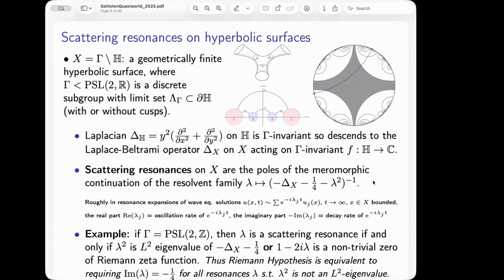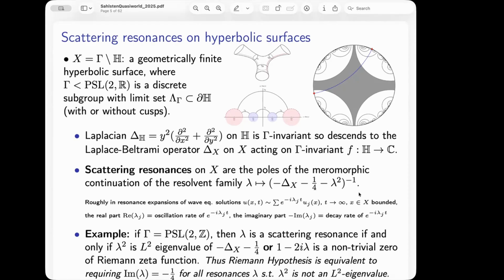One example which I sometimes use, I think I got this from Maciej Zworski's lecture notes when he was teaching on these resonances, is the case of the modular surface, where you use integer matrices as the lattice. These come from a spectral expansion of the resolvent with the eigenfunctions, the Eisenstein series.